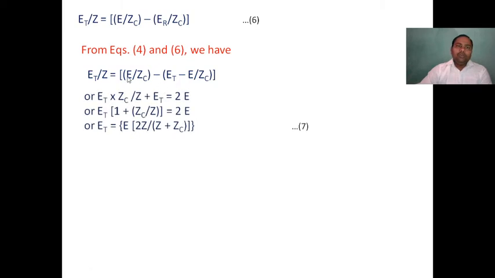If you simplify this equation, we get the transmitted voltage ET equal to E into 2Z by Z plus ZC. So the transmitted voltage is equal to the incident voltage into 2Z by (Z plus ZC).